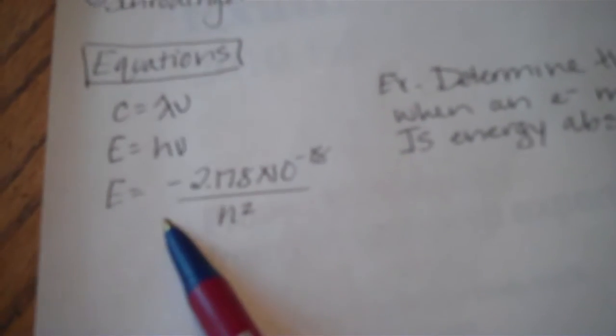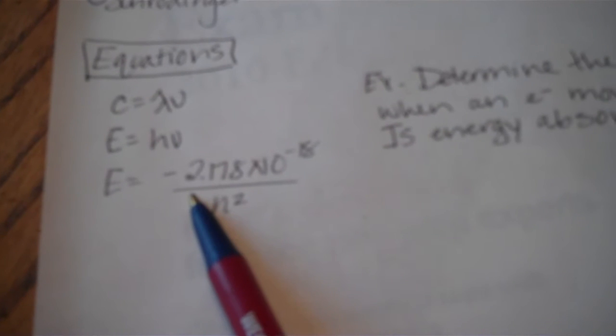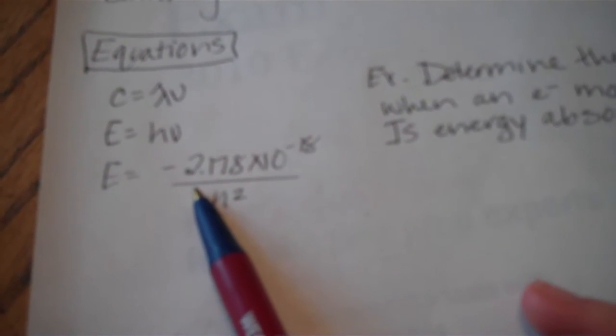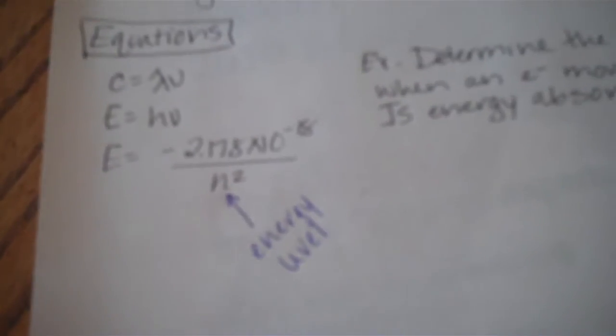This is the important equation you need to know that will help determine energy changes. E equals negative 2.178 times 10 to the negative 18th over n squared, where n is equal to the energy level. So if you're going in level 1, it's 1 squared.